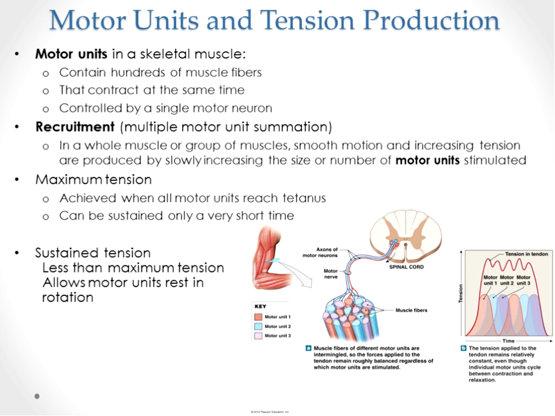So that is how it works when we're asking the muscle to produce a certain amount of force: it needs a certain amount of muscle fibers, and the muscle fibers are controlled by so many motor units, and I'm asking a sufficient amount of motor units, controlling a sufficient amount of muscle fibers, to contract in combination and generate that force.